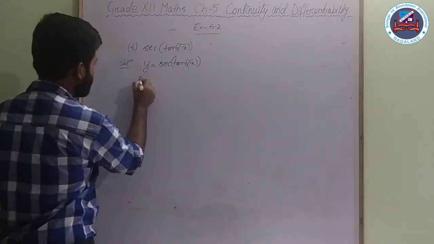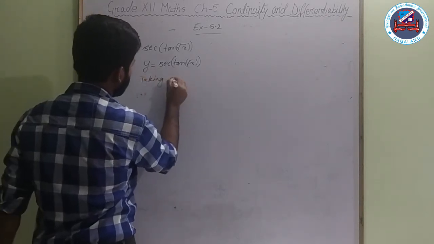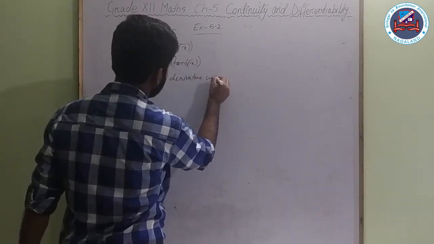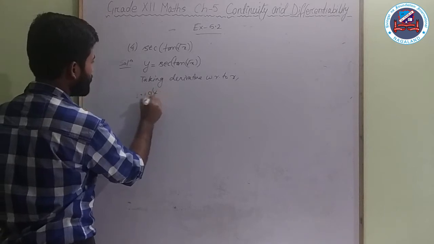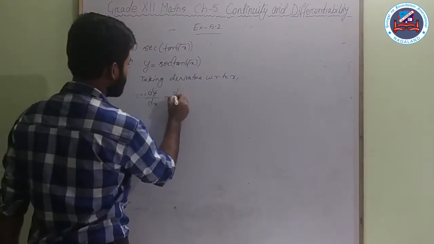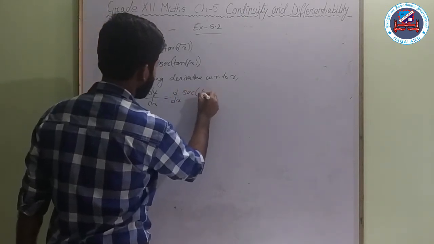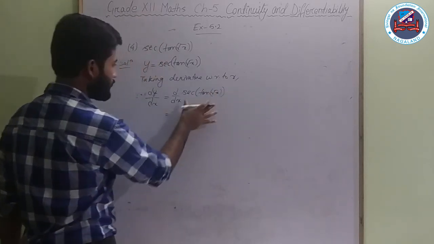So just write, taking derivative with respect to x. What will it be? It will be dy by dx, and that will be equal to d/dx of sec tan root x. So what will be that?